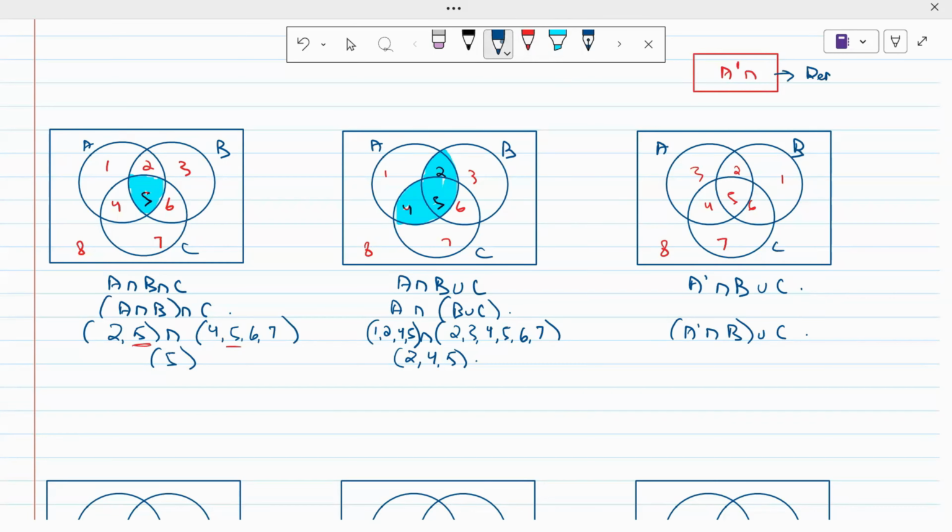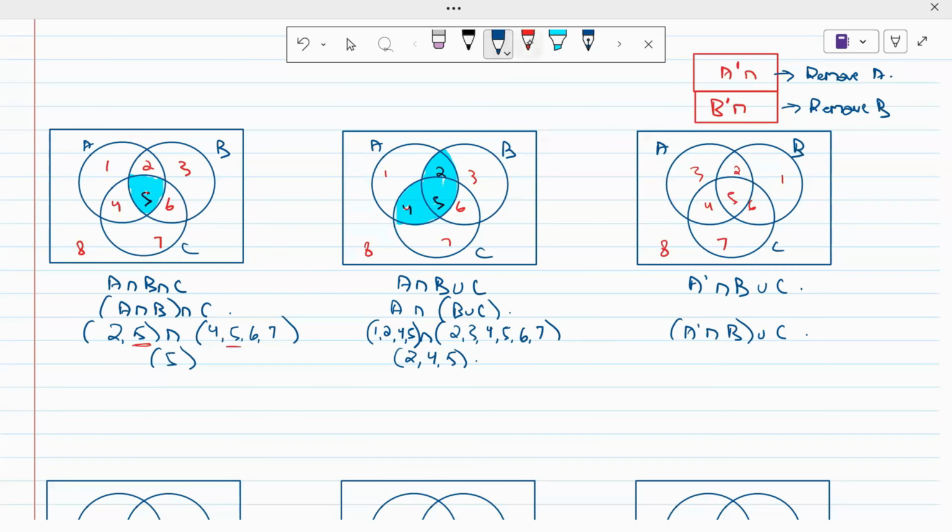If it says B complement intersection, B complement intersection means remove B. It's a shortcut to be remembered.